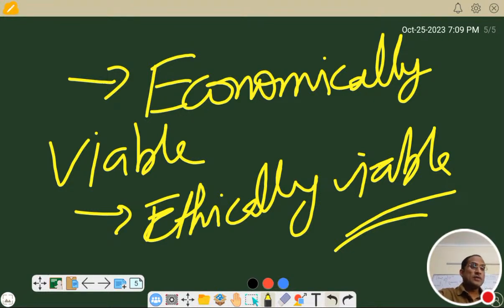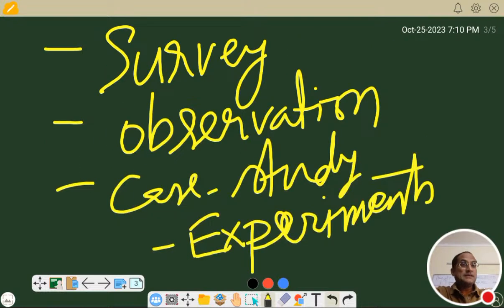Suppose we go for the observation method. We have seen that the methods are, firstly, what is survey? What happens in survey? So many surveyors are given a set of questions. They ask this set of questions to a group of people and collect the data, which can be in the form of quantitative data.